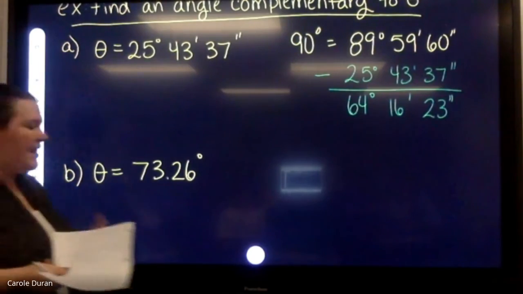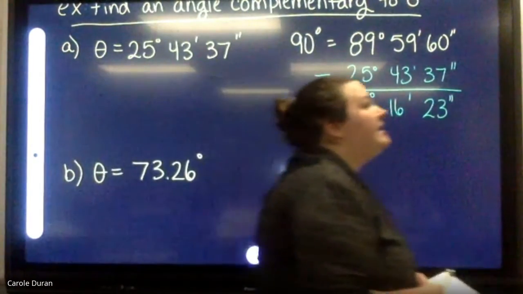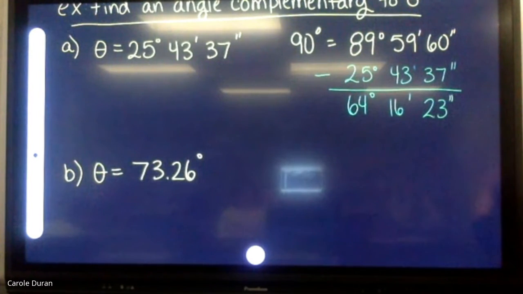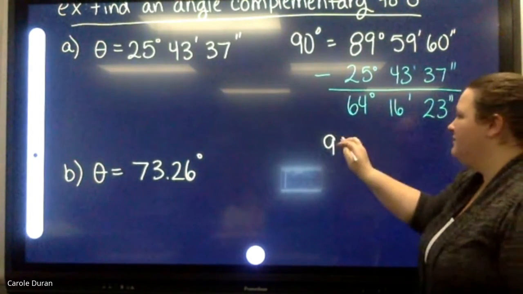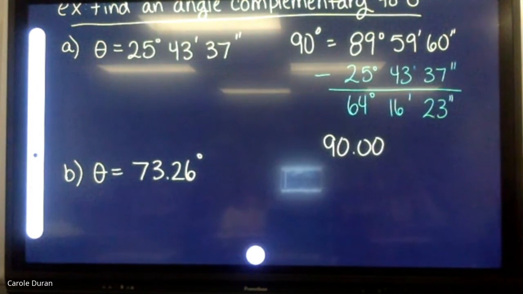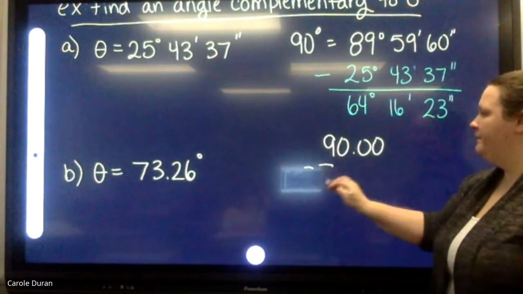Complementary, again, means that it adds up to what? 90. But I can't just take a whole number and subtract a decimal from it unless I have decimals in my whole number as well. Which means I just have to take 90 and rewrite it so it has the same number of decimal places as the number I'm subtracting from it.